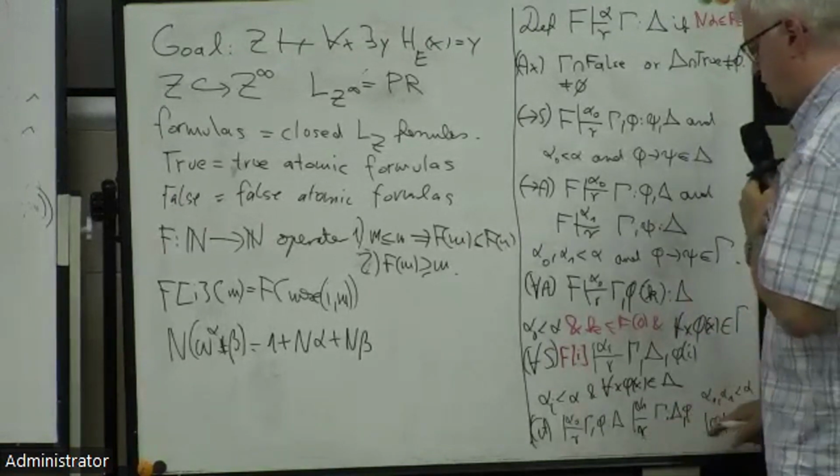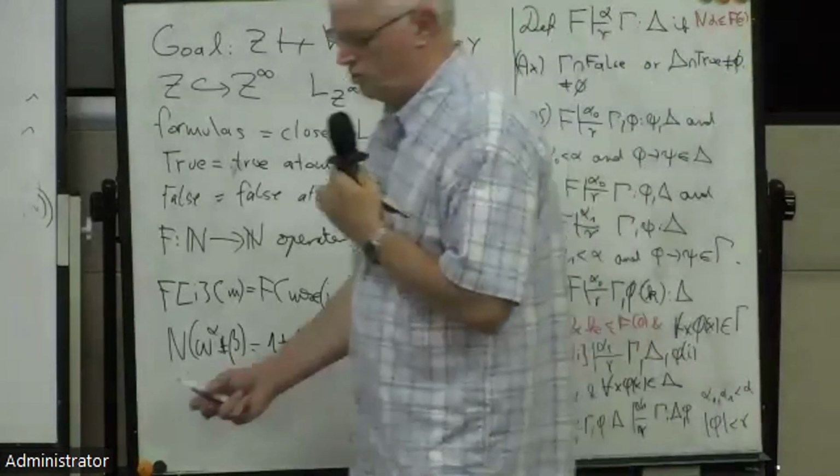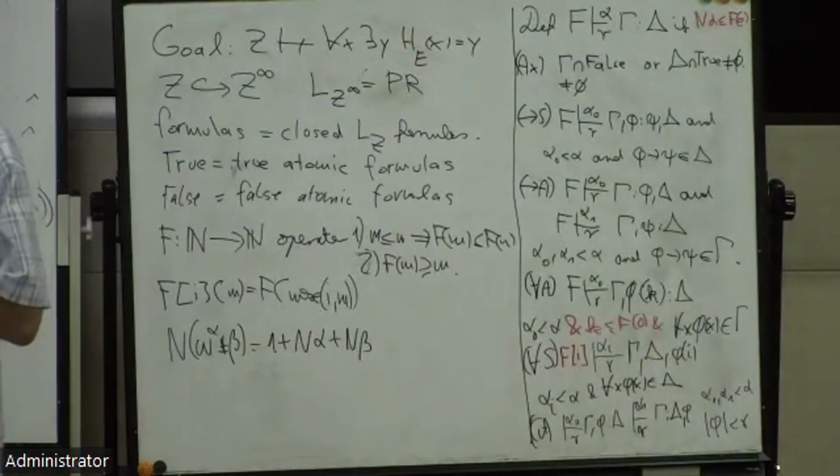So that is the role of the number r in the proof, but we have seen this already in the treatment of Gentzen's result.